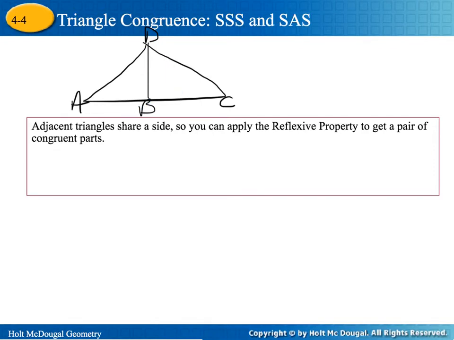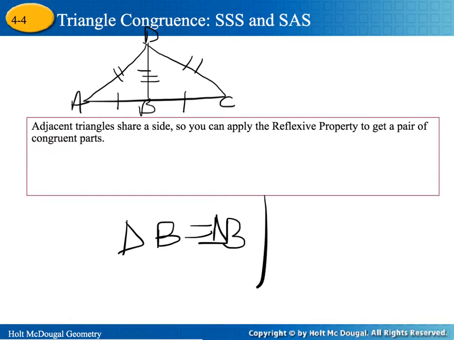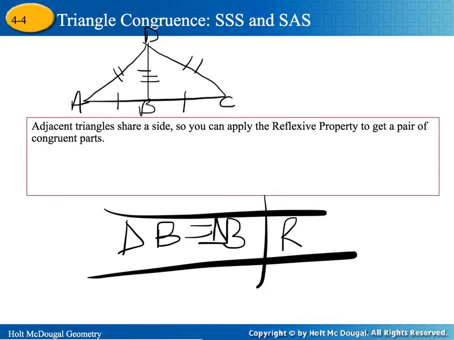So let's pretend B is the midpoint of AC, so that means these would be congruent, and somebody told us that AD was congruent to DC. Then we know DB is equal to DB, so we can put this here as well. And we would say DB equals DB, and then our reasoning would be reflexive. So here's where we use the reflexive.